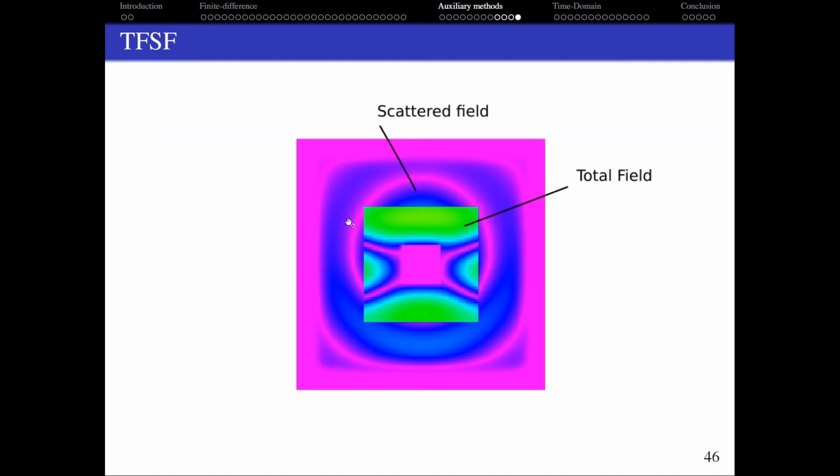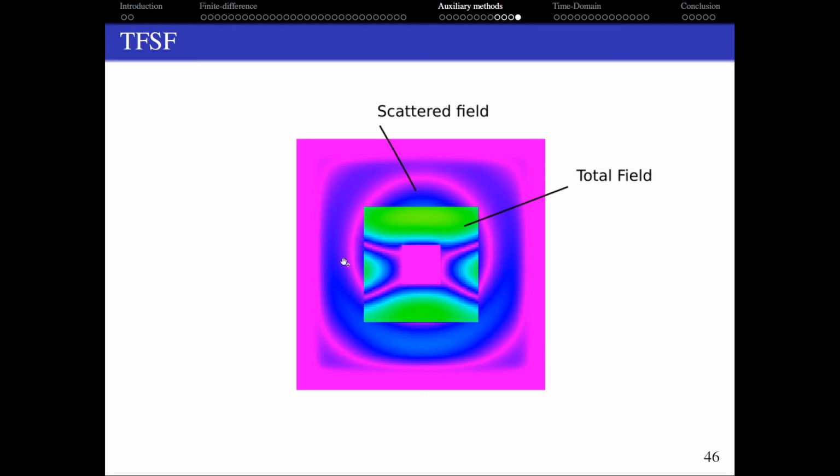When you look at how it works in a calculation, here I have the edge of my computational window. Inside I have a particle with a very high refractive index, and around it you can see a boundary, that is the boundary between the total field and the scattered field.